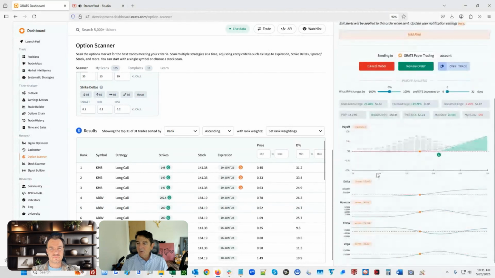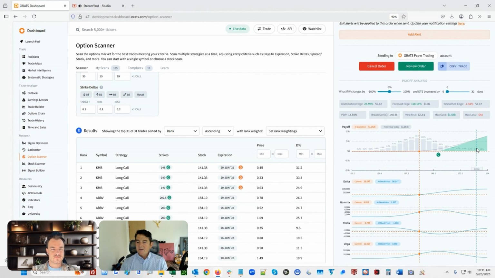ORATS has put together a really cool distribution that's based on, we could almost do a whole show on it, historical stock movements that are adjusted for the volatility at the time. So if the stock was really low and the volatility was really high and it moved, in one of these buckets, we kind of adjust it for the implied volatility. That's all I'll say on that. But it's a good calculation.